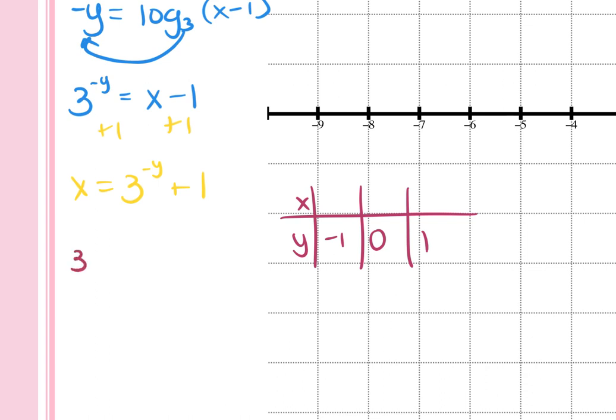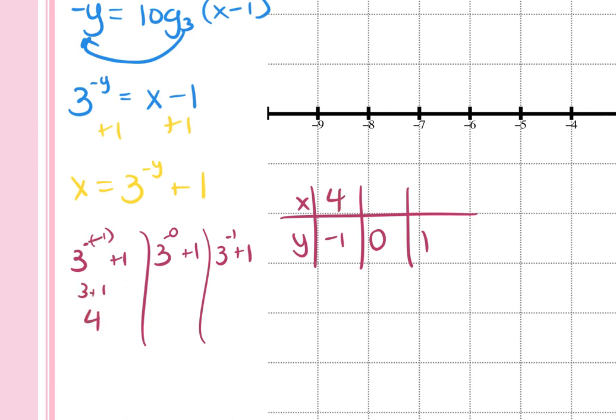So 3 to the -(-1) plus 1, 3 to the -0 plus 1, and 3 to the -1 plus 1. -(-1) obviously becomes 1. This becomes 3 plus 1, or 4. 3 to the 0 is 1, plus 1 is 2. 3 to the -1 is 1/3 plus 1. And you can keep it as 1 and 1/3 because we're going to have to graph it.